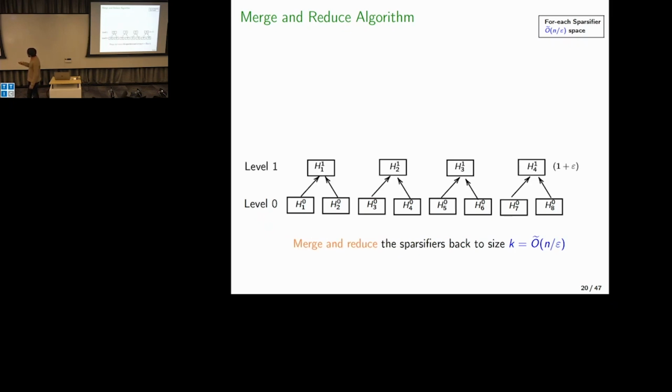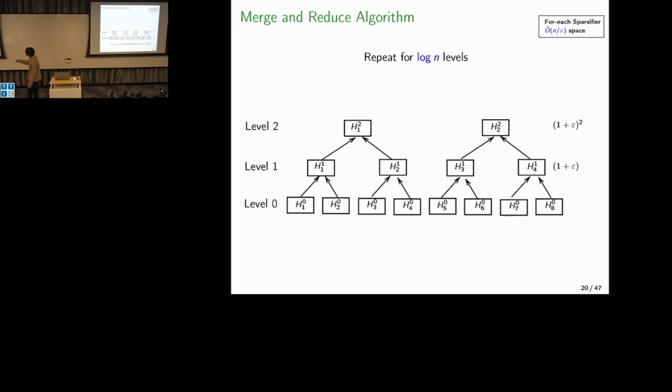Now I will take the neighboring chunks and merge them to give me H11 here. If I just merge them together, it will be a sparsifier of size 2k. So I will also reduce it back to size k. That's all I'm doing here. So when I get these two arrows on a new block, it means I merge and then I reduce.